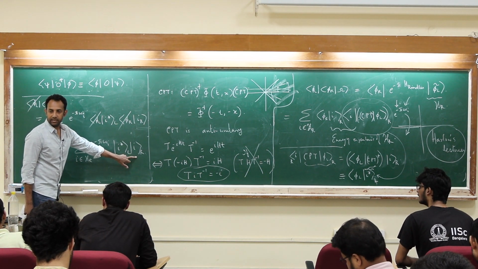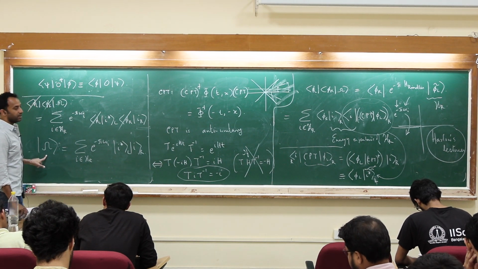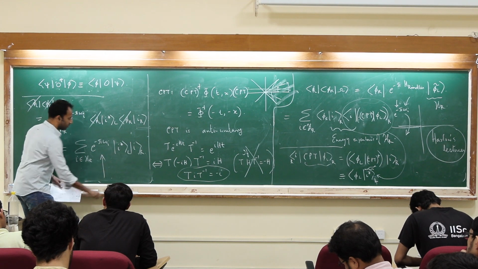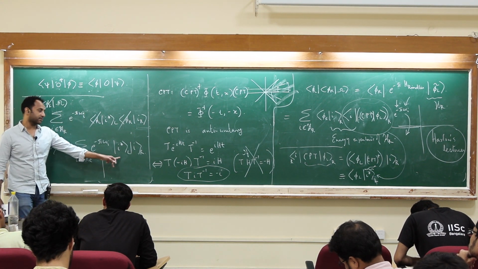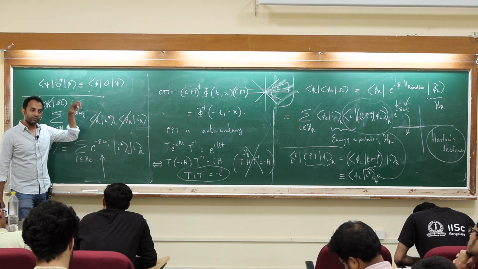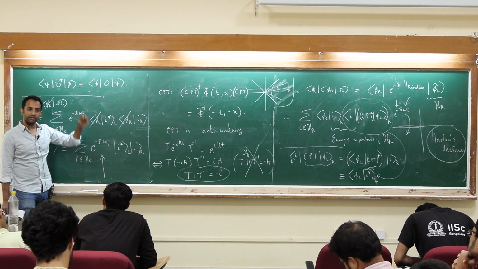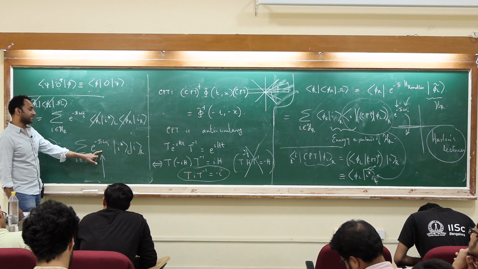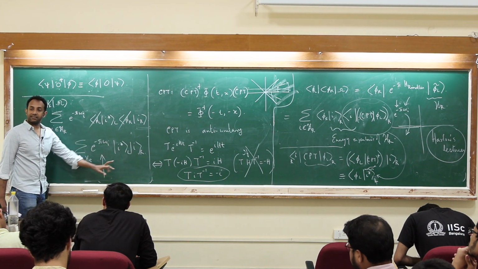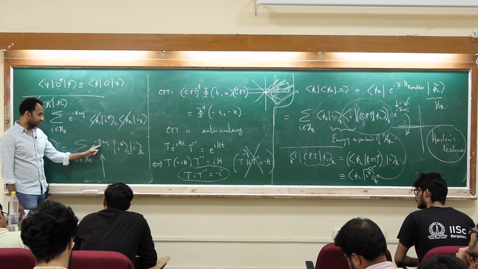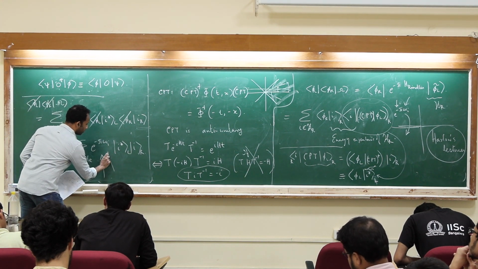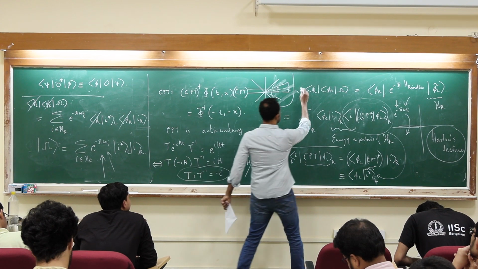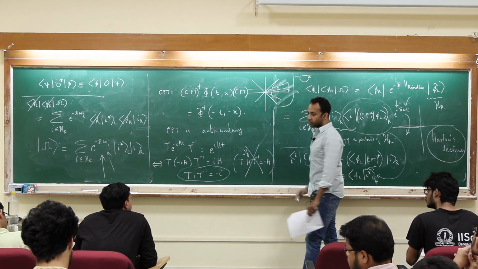So I have written the Minkowski vacuum as an entangled state. Entangled basically means there is a tensor product, but there are weights for each of those tensor pieces. So I have written this Minkowski vacuum as an entangled state between the left and right Rindler Hilbert spaces, and the weight for that is e to the minus pi omega I, and that pi basically comes from the fact that we started with and did a half rotation.